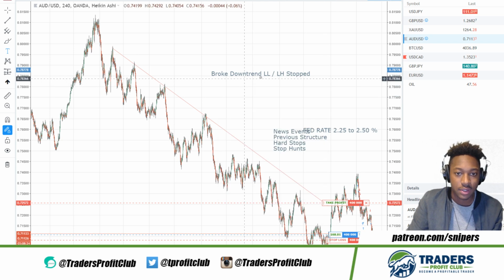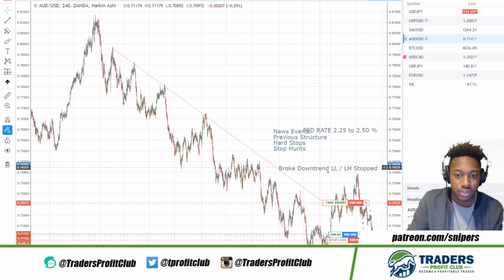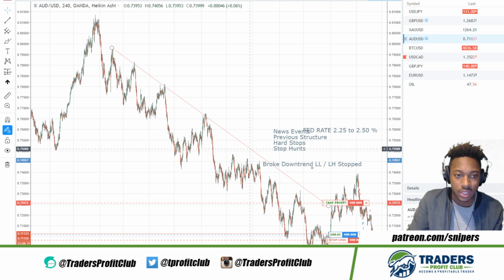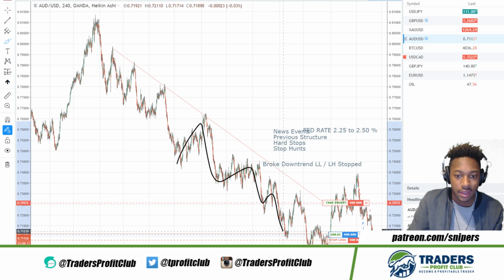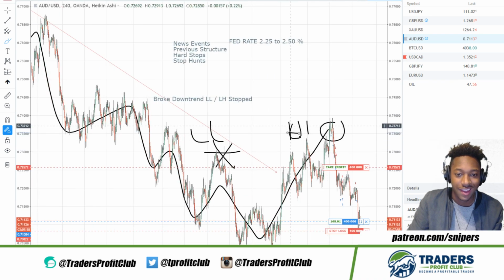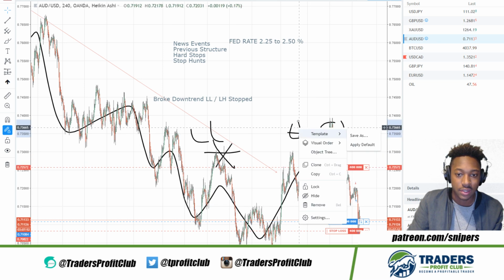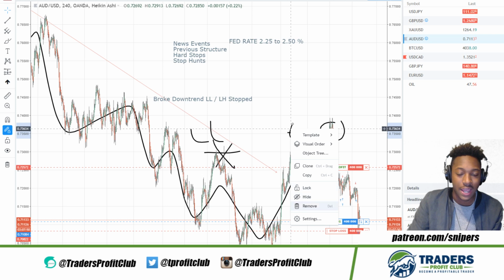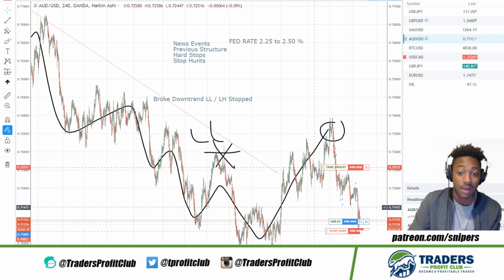So this downtrend was not compatible anymore because it broke this current level from this lower low to the lower high, and now this is obsolete because this area was the last lower low, right? And then the lower high, or excuse me, I was right the first time. This lower high has now been formulated, right? So that's how we know that price is now not in a downwards trend anymore.